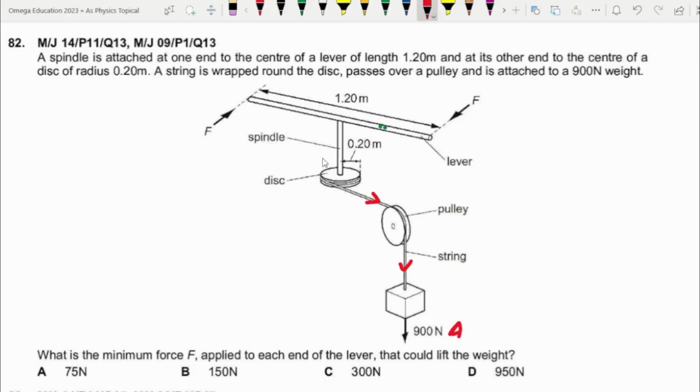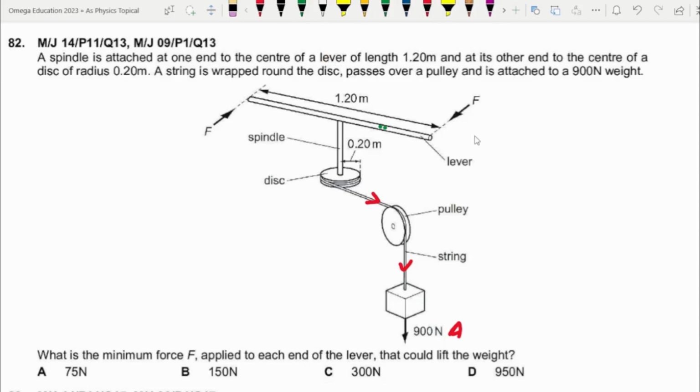Your string is being pulled downward, so your disc would rotate in this direction, anti-clockwise. And the moment that you're applying through the lever, just visualize this direction. This is your clockwise moment. The direction of the forces tells you that the moment you will be applying would be clockwise.